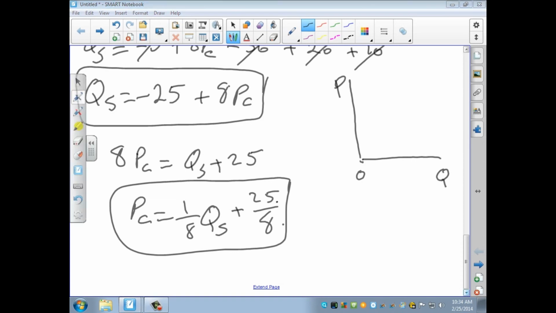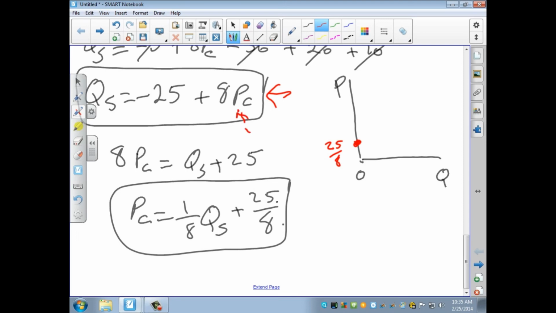So let's change the color here. Let's say it is about here. This is 25/8. That's 1 point. And we can find another point and connect it to the right-hand side. Let's go back up here because they are the same function. Let's assume that the price of copper is equal to 10.